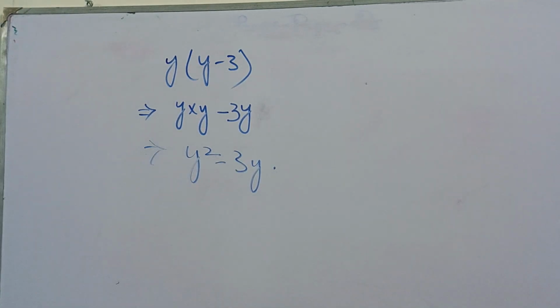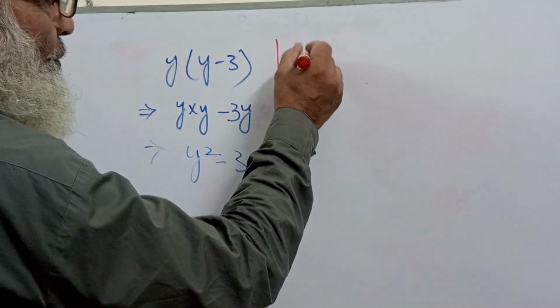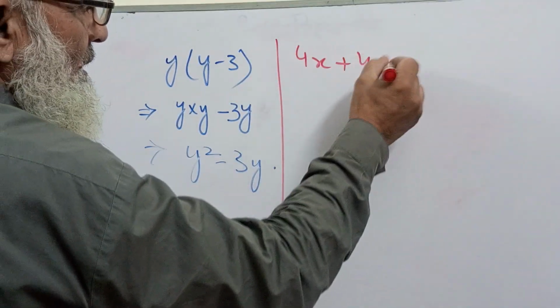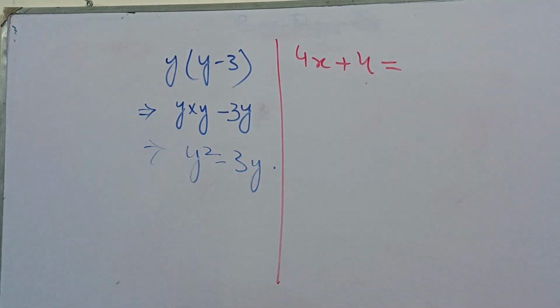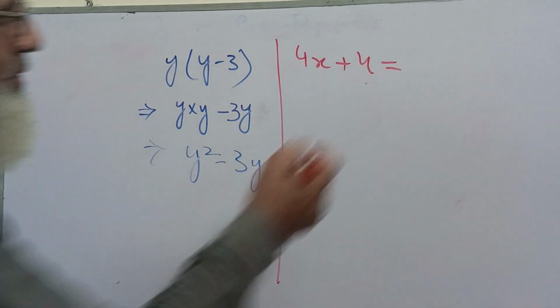So, my dear students, this is not a very difficult task. Now I'm going to demonstrate another example, which is 4x plus 4 is equal to. Now, this was only a term, and what I am going to do now is an equation.